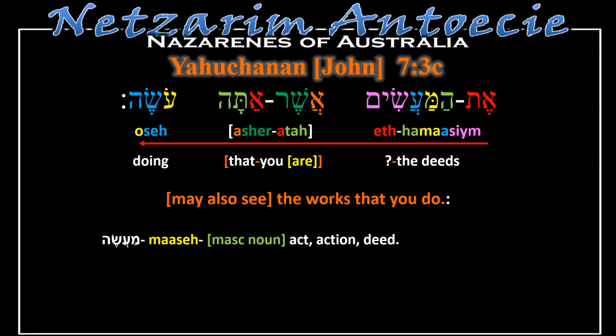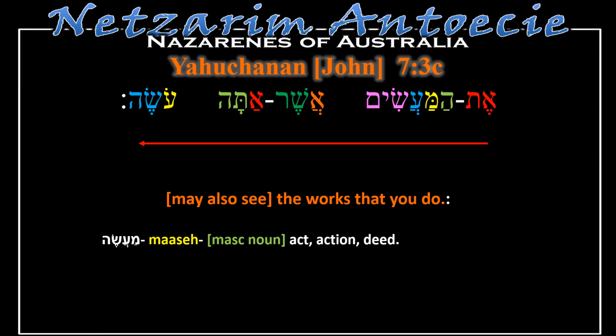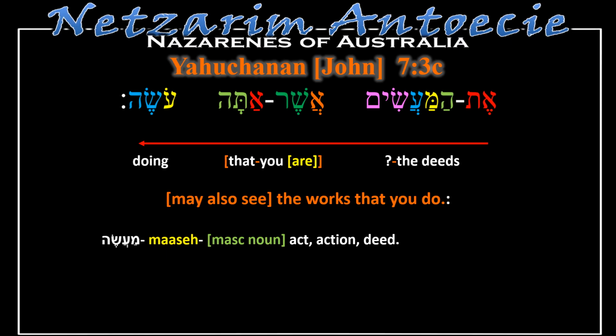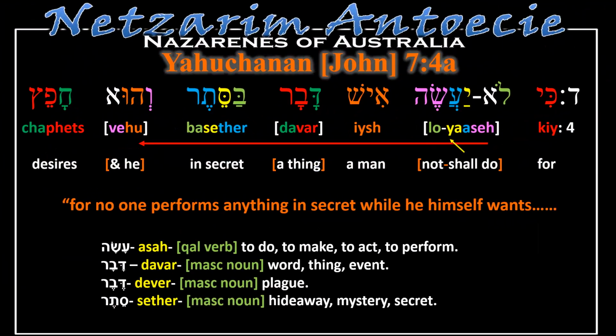That's how it's translated. And so we read it: et ha-ma'asim asher ata oseh. Grammar marker, the deeds that you are doing.